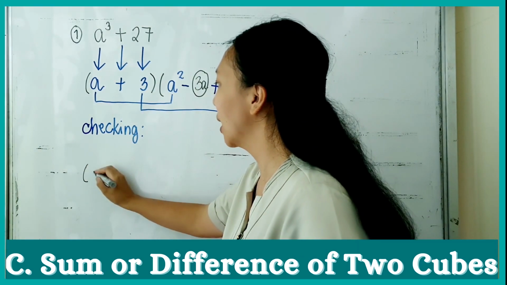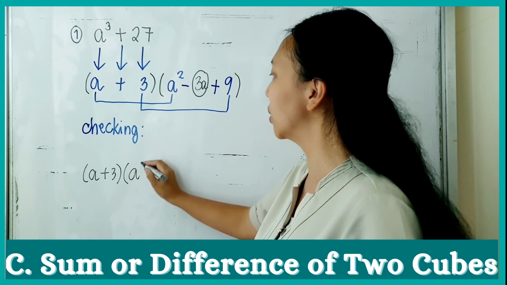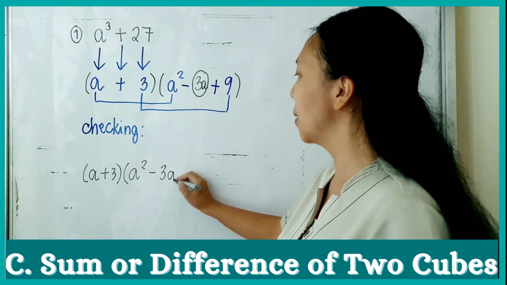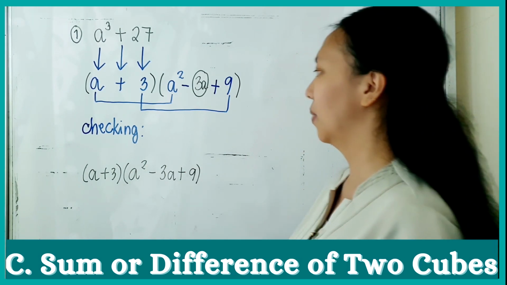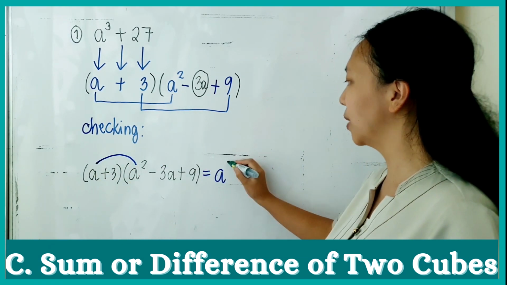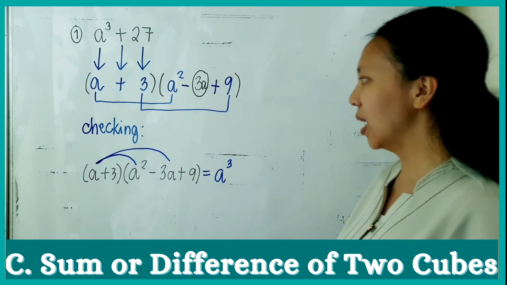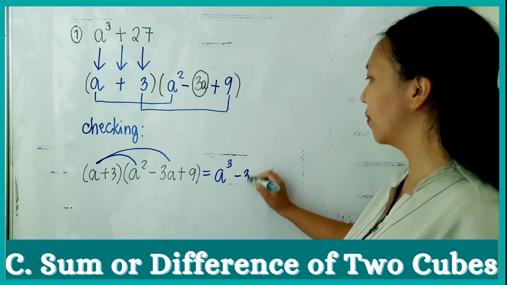Let's multiply the quantity a plus 3 and the quantity a squared minus 3a plus 9. A times a squared is a cubed. A times negative 3a is negative 3a squared.